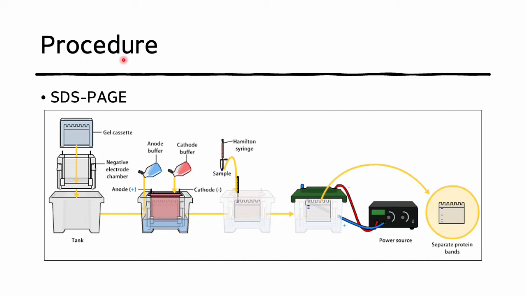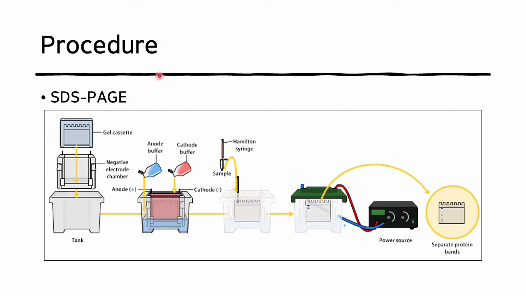So, moving on to the procedure, Western blot starts with SDS-PAGE. It's one kind of gel electrophoresis. The protein sample contains thousands of proteins or more existing in the cell or tissue.